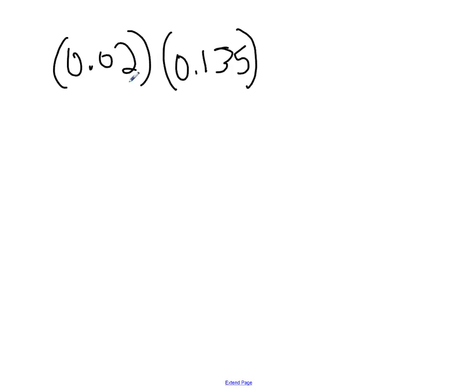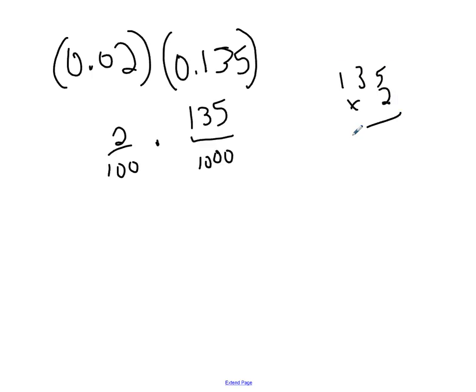Ones, then tenths, then hundredths. That's 35 in the hundredths place, 135 in the tenths, hundredths, thousandths place. What's my actual multiplication? It's just 2 times 35. I have 70.